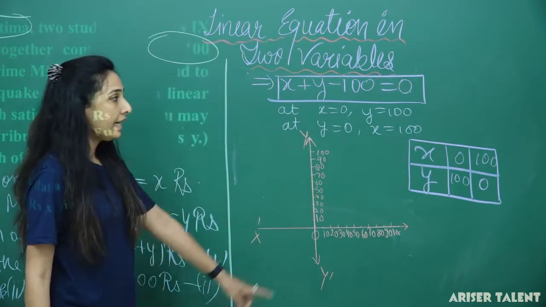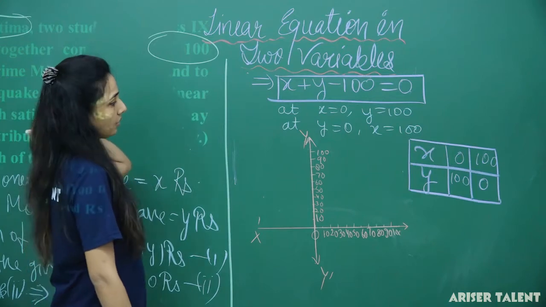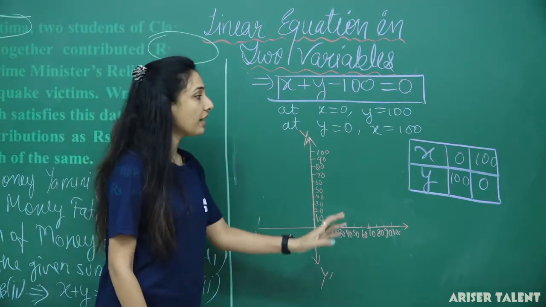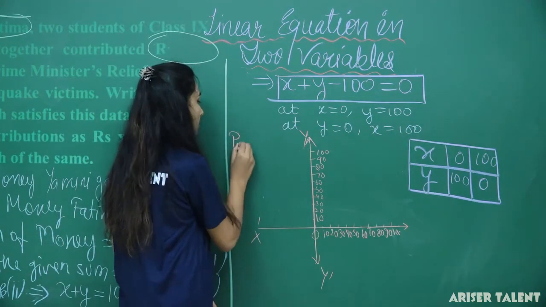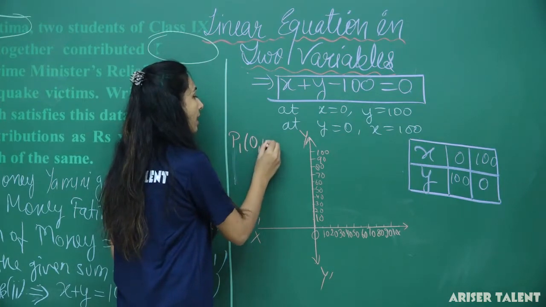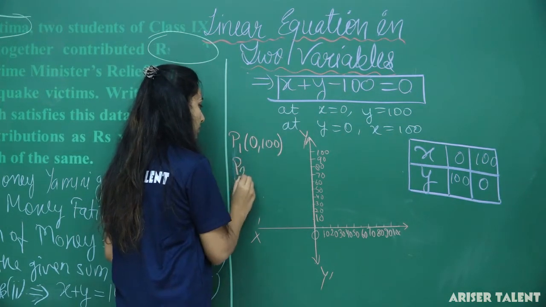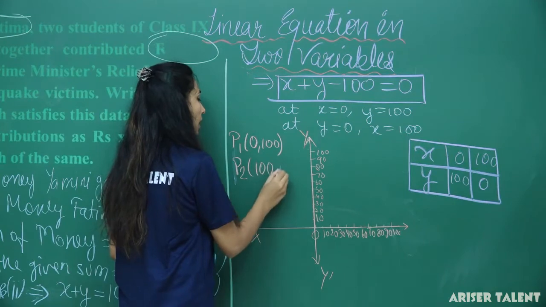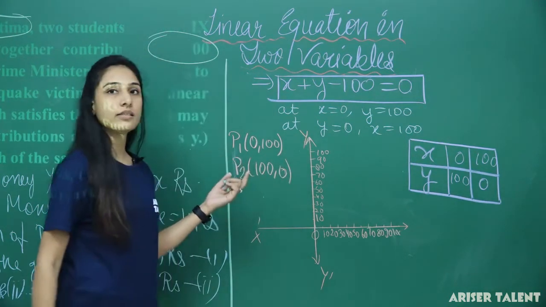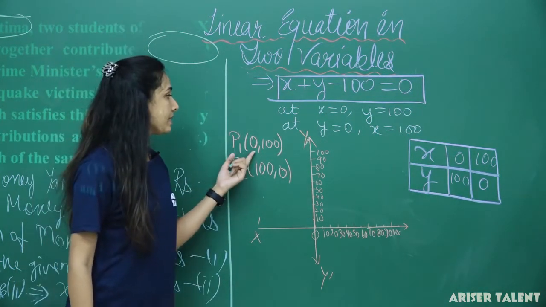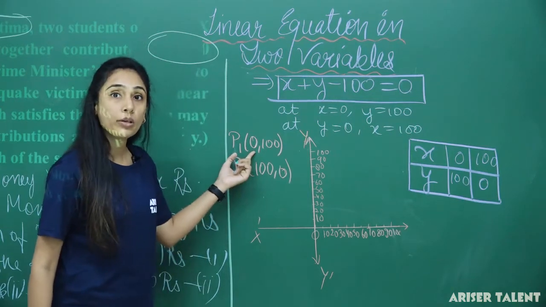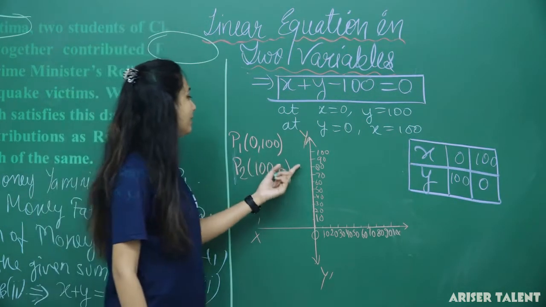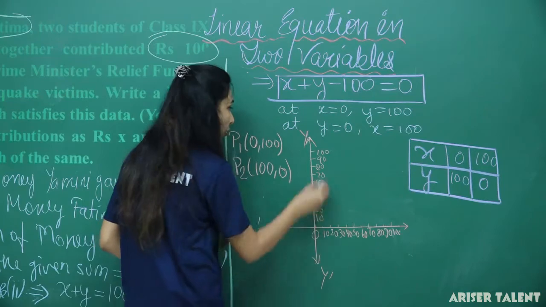Now at X equals 0, Y equals 100. So P1 is (0, 100) and P2 is (100, 0). I have told you whenever the abscissa is 0, your point is going to be on the Y axis. So Y axis 100, that will be your point here.